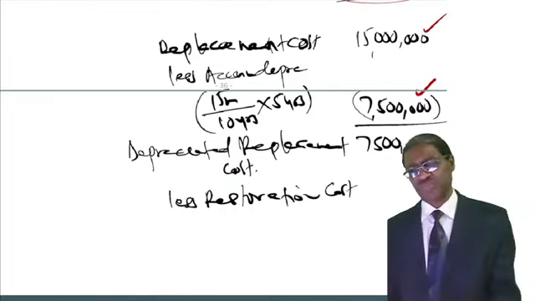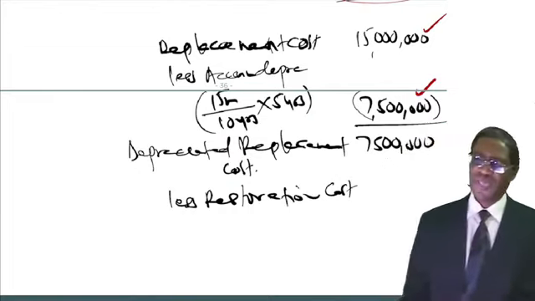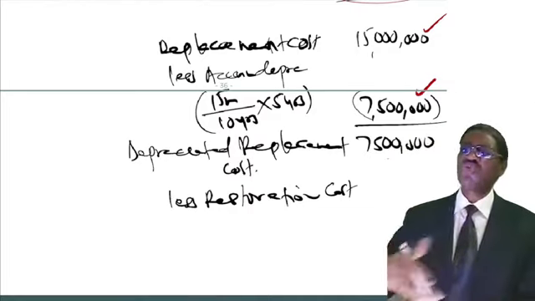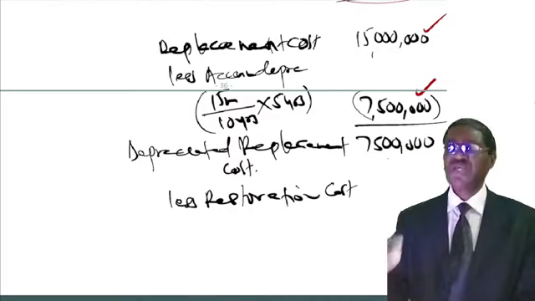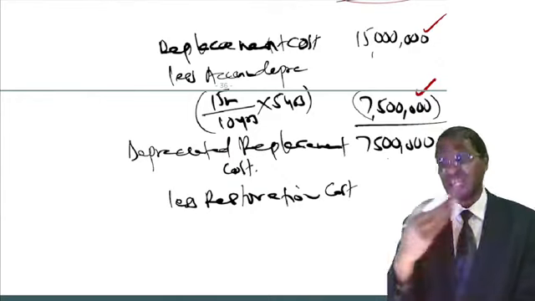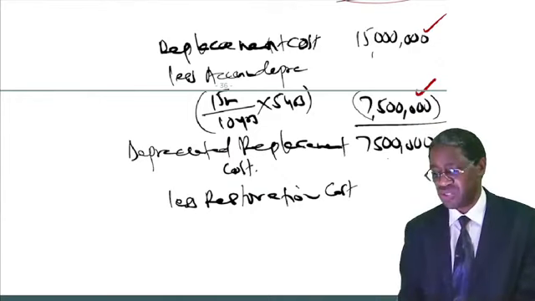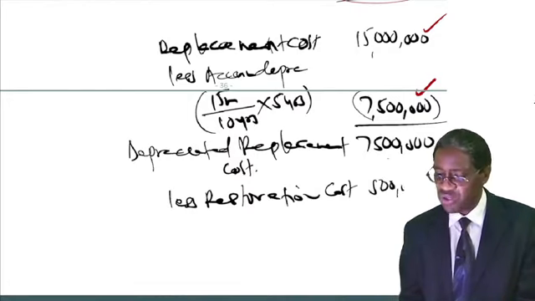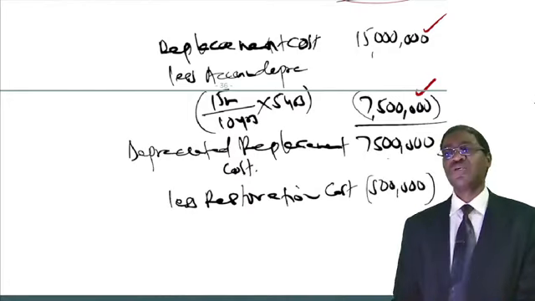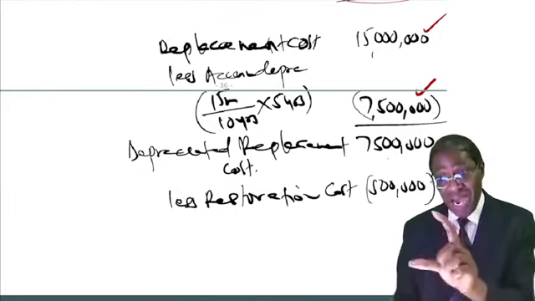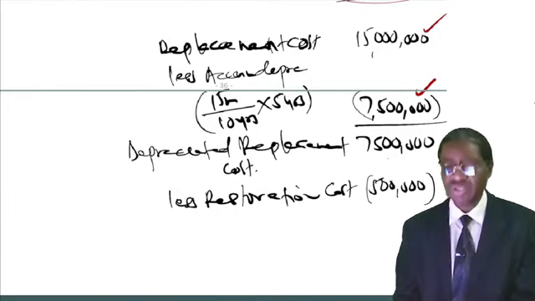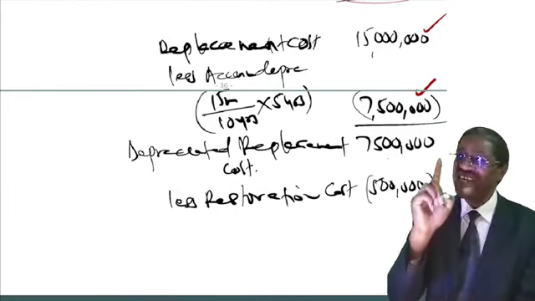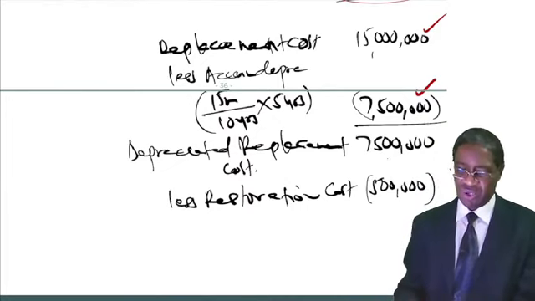Let me assume that the question tells you to restore the vehicle to a useful condition, it will cost you a restoration cost of maybe 500,000. So if it will cost you another 500,000 to restore the asset to a useful condition, then you subtract that restoration cost from the depreciated replacement cost.